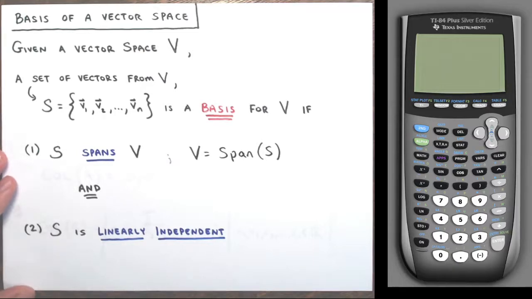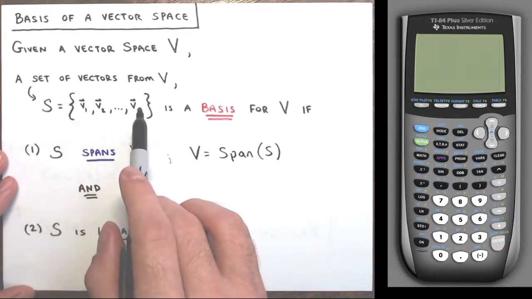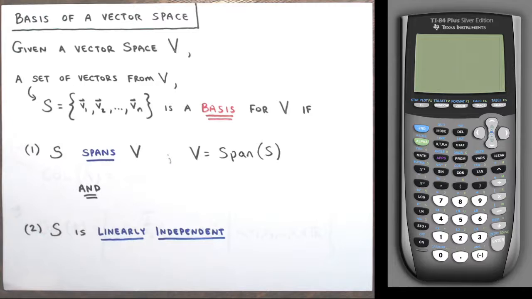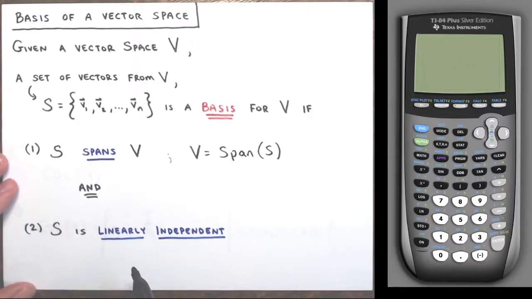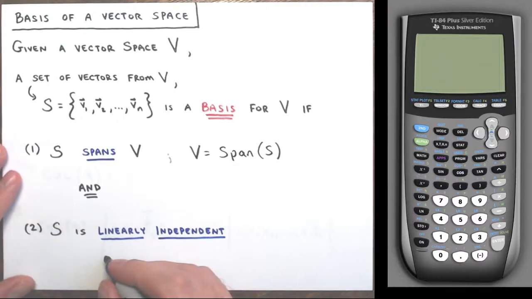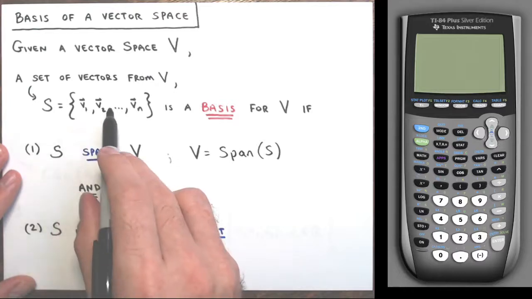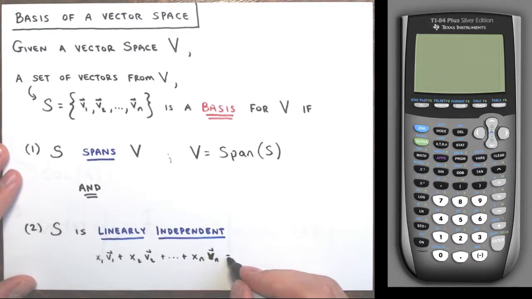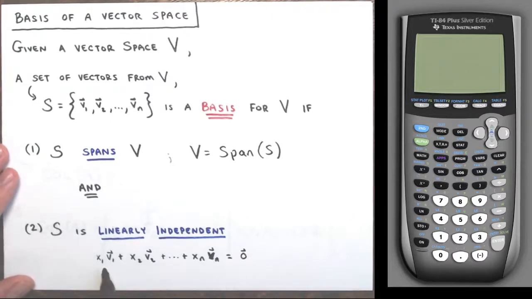What that means is that none of the vectors in S can be written as a linear combination of the other vectors in S. A more proper way of saying this is that if you were to take x1 v1 plus x2 v2, where the v's are my vectors, and these x's are scalars, like on the previous page, plus all the way up to xn vn, and you were to set that equal to the 0 vector, you're asking what linear combinations of these vectors make the 0 vector?